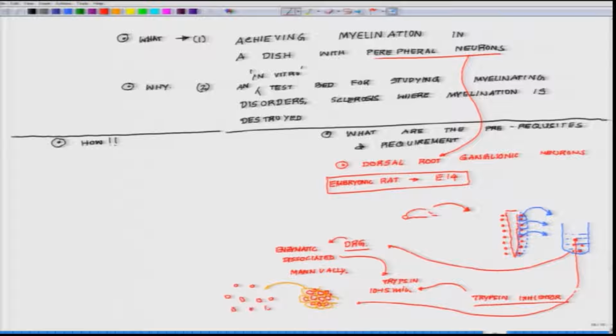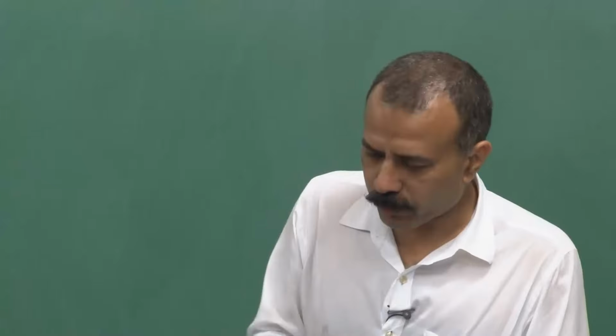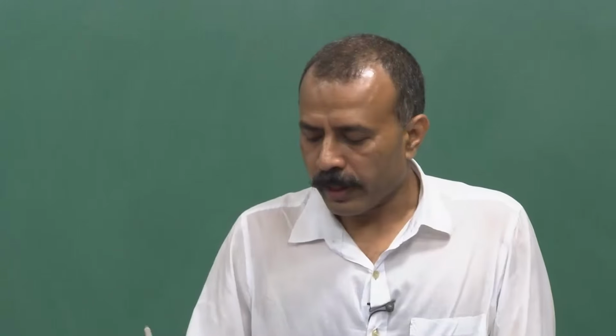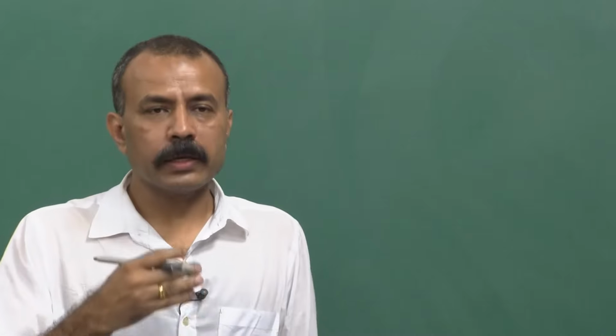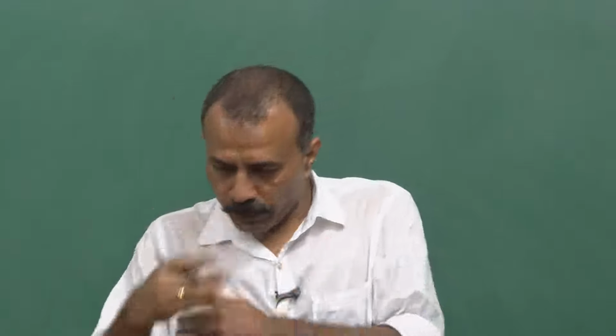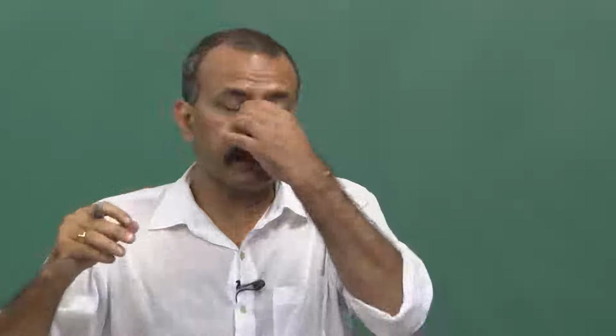And these are your DRG neurons at E14, because if you go further, the population of Schwann cells is going to go up. One interesting thing to realize is that the first cells on the DRGs are the sensory neurons; once the sensory neurons are formed, the Schwann cells are formed and they form the wrapping.